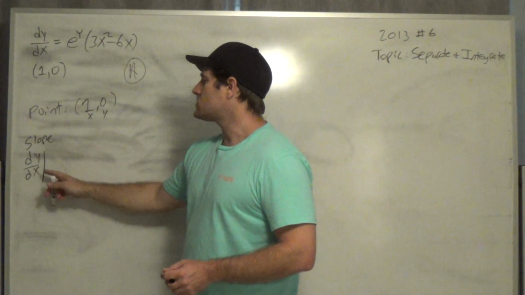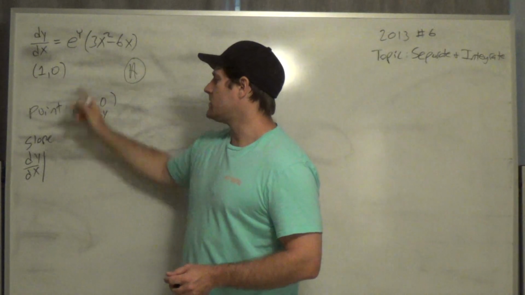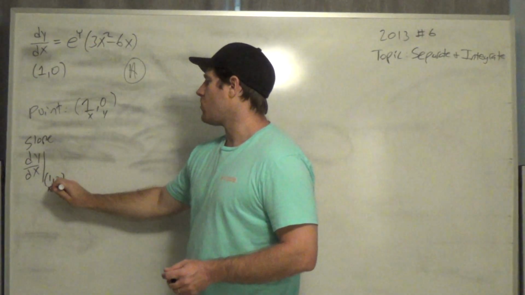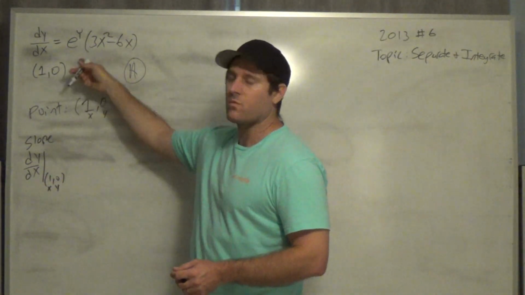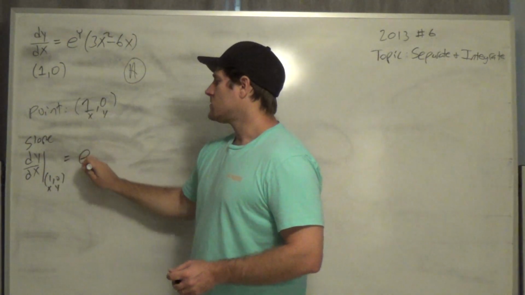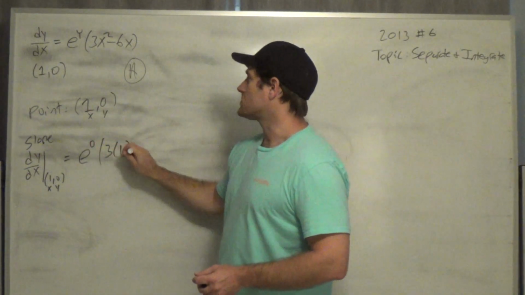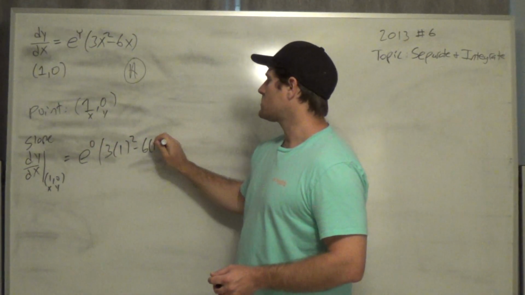So notice I already have a derivative, and all I want to know is what's the slope at (1, 0). So I'm going to plug in the 1 and the 0 for the x and the y into here. So the y is a 0, the x is a 1, the x is a 1.